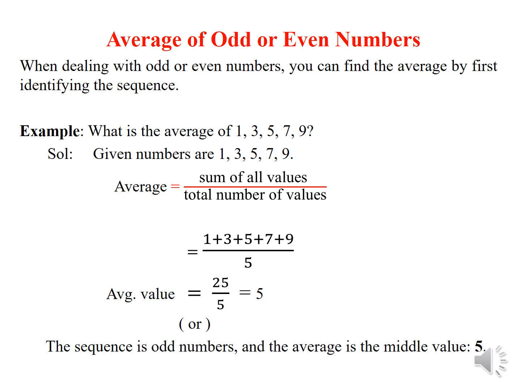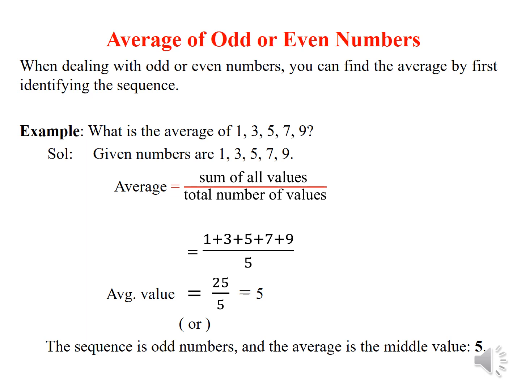According to the formula of average, the sum of all values divided by the total number of values, add all the given 5 numbers and divide by 5. After adding all of them we got 25 by 5. After simplifying in the 5 table we got 5. Therefore we conclude the sequence is odd numbers and the average, the middle value, is 5.